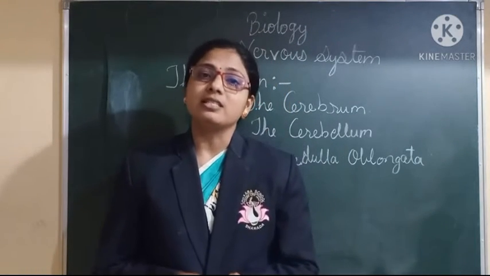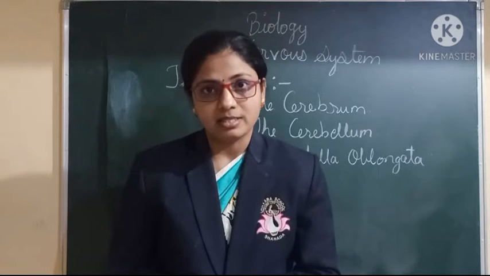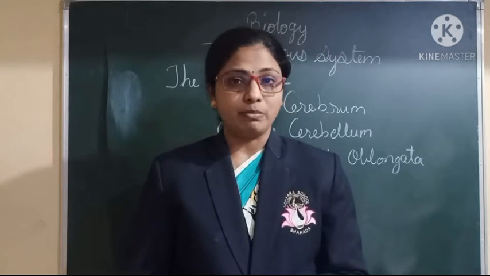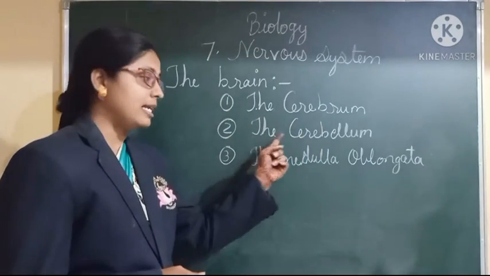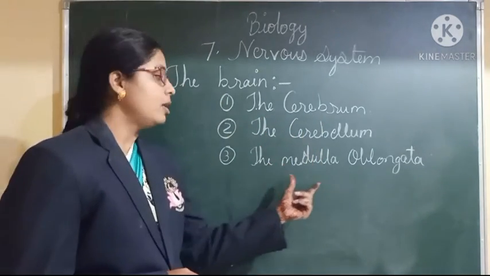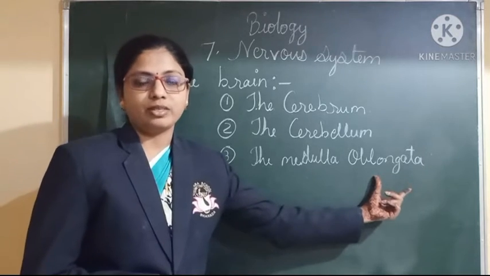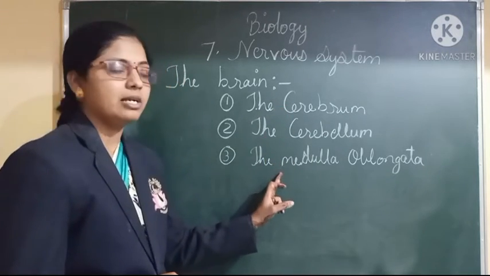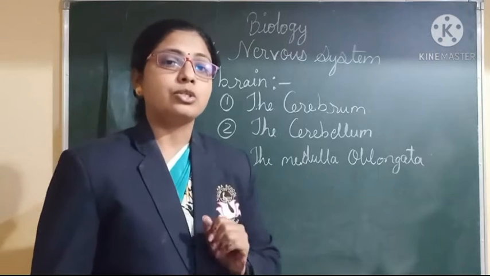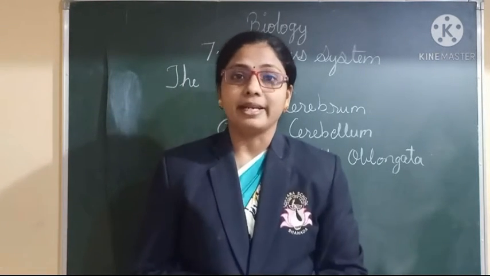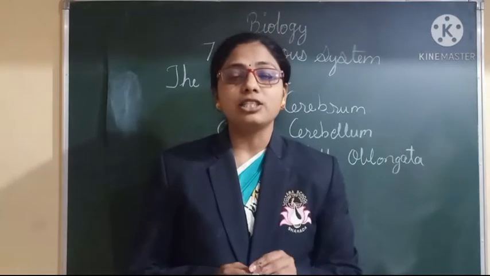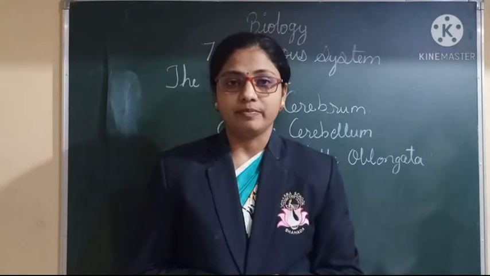So, brain consists of three main parts. It is divided into three main parts, that is the cerebrum, the cerebellum and the medulla oblongata. Okay, so these are the three parts of the brain. So cerebrum is the main part of the brain, which is the largest portion of the brain.